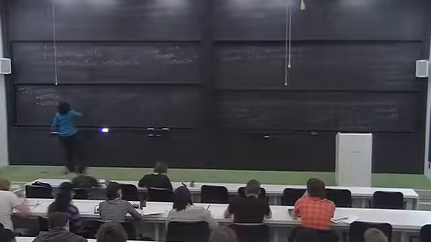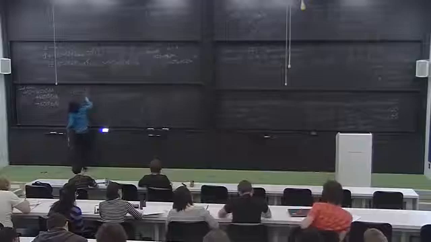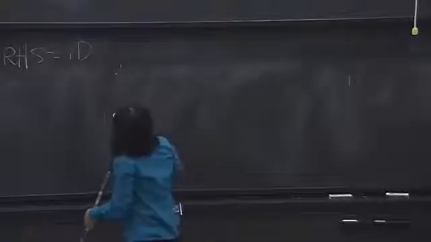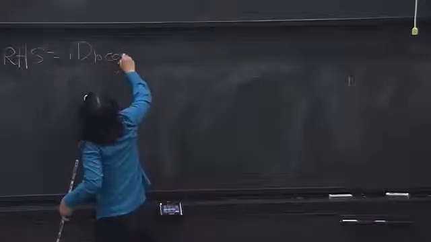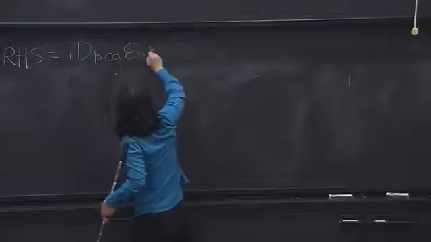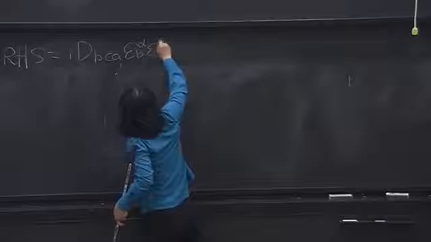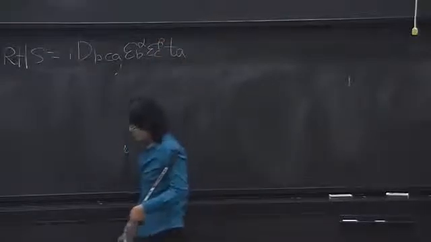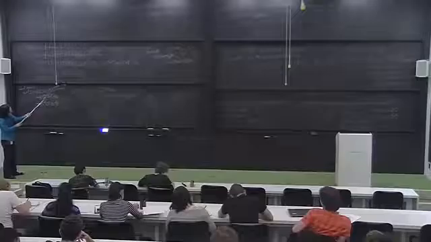So that's i D D C A epsilon B epsilon C alpha beta TA. And then it has a bunch of terms, but remember, we already threw away those 2 terms.